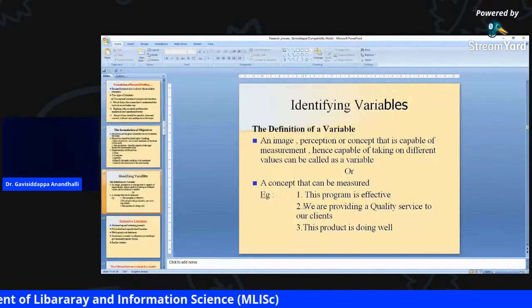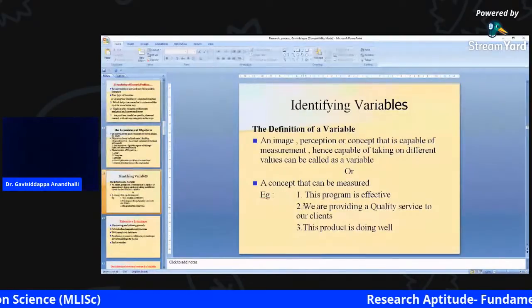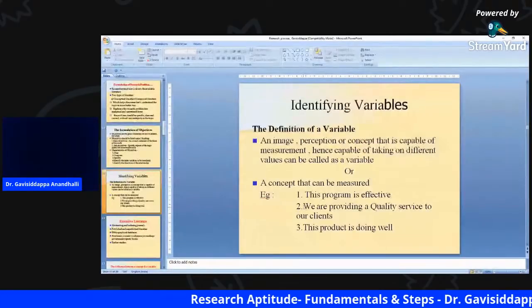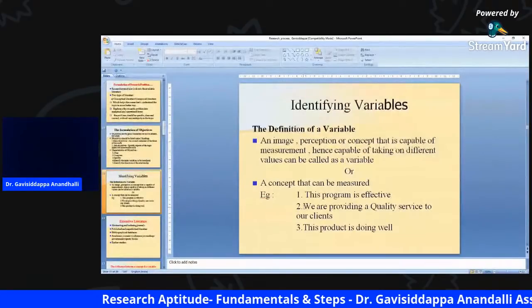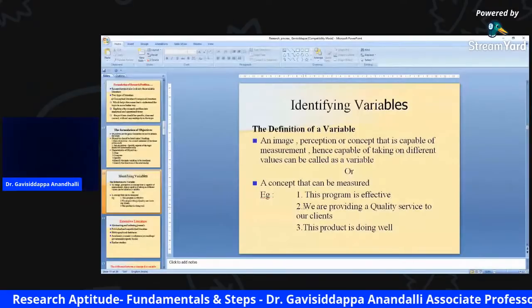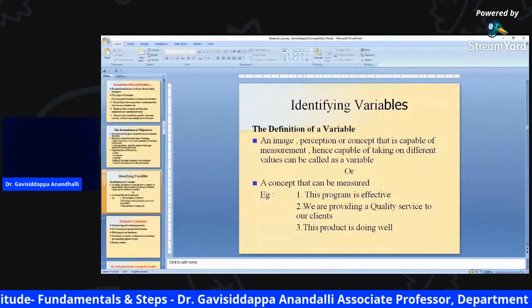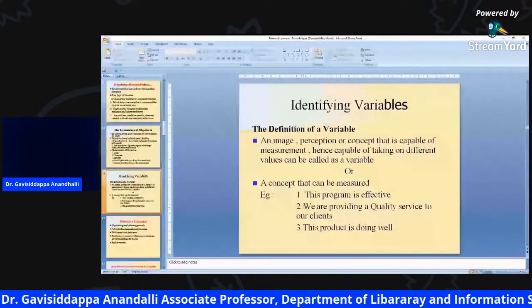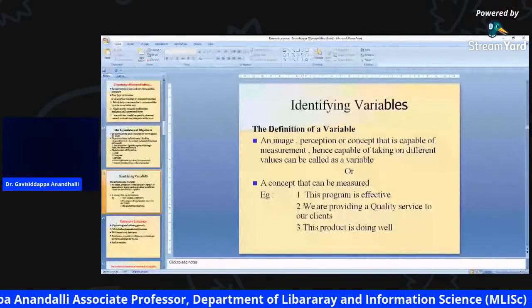For example, if I ask the age of respondent 1, it is 43 years, and respondent number 2, it is 45 years, the third may be 25, the next respondent may be 20. For different respondents, it takes different values.